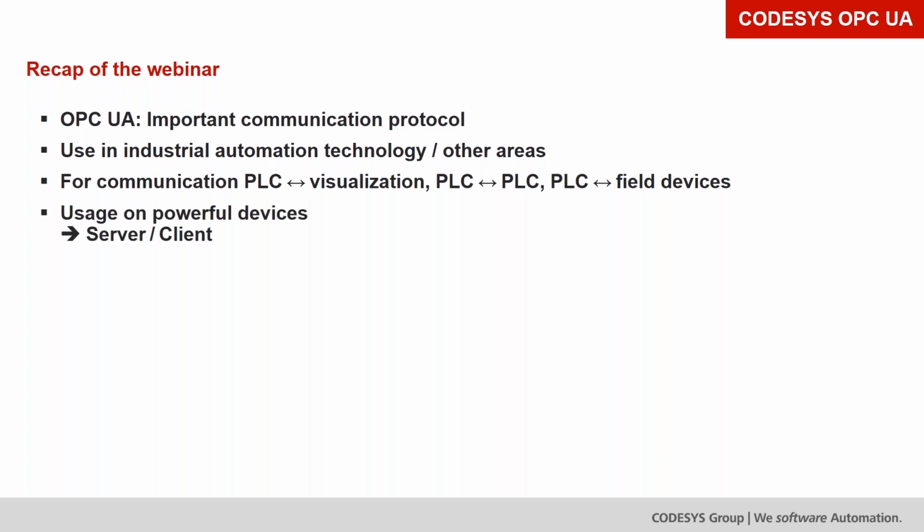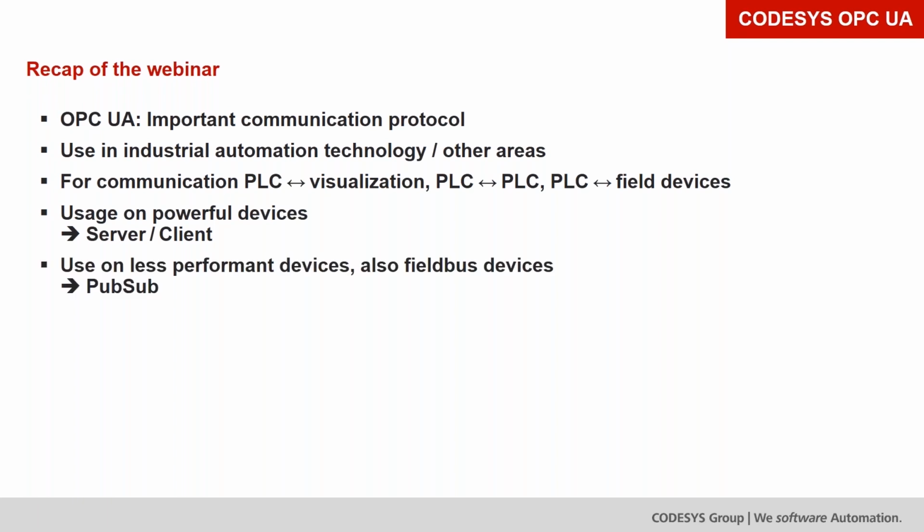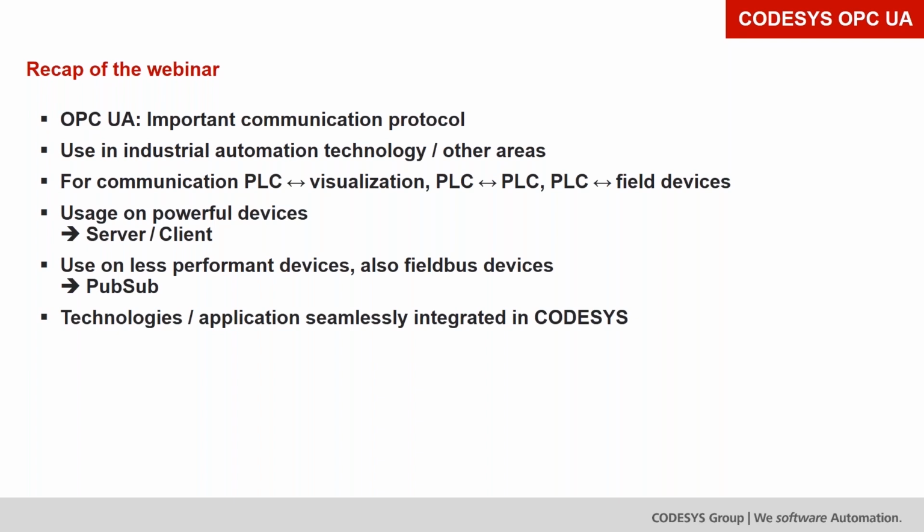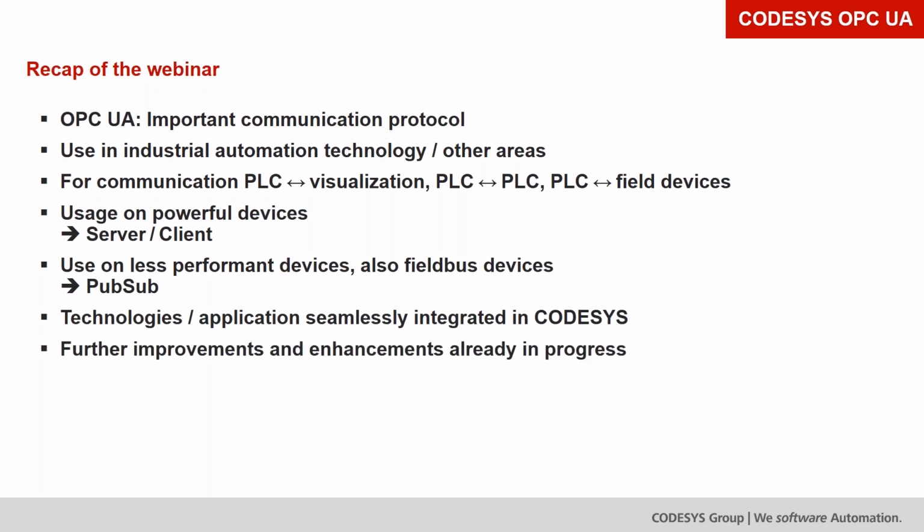For powerful devices, the server client is the right choice of the protocol. For less performant devices, also field bus devices, PubSub is the right choice. Everything is seamlessly integrated in CODESYS, and we are working on improvements and enhancements, and you can expect a lot from us in the future. However, benefit right now and start using it.